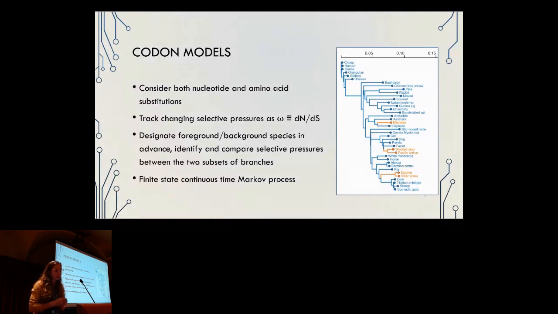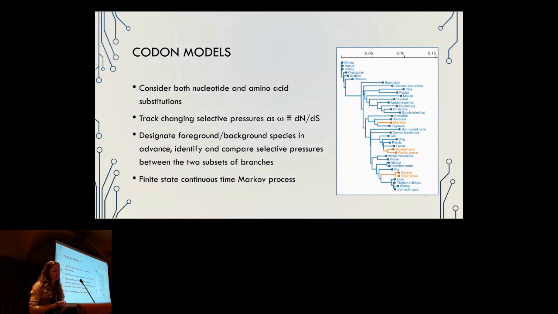They do this by designating a foreground and background species in advance. In the phylogenetic tree I have here, the foreground species are the marine mammals in orange, and the background species are the terrestrial mammals in blue. That way we can identify and compare selective pressures between these subsets of branches.